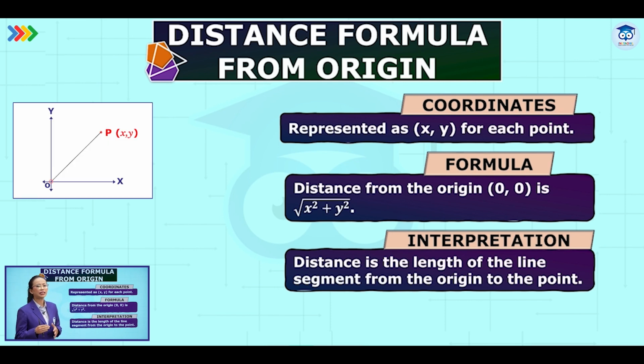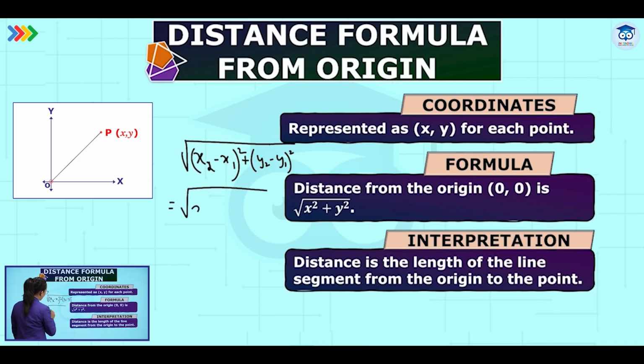Next, using this distance formula, we can find the distance from the origin. Now, when we find the distance from the origin, the first coordinate x1, y1 becomes 0. So in the formula that we have, (x2 minus x1) squared plus (y2 minus y1) the whole squared, this becomes 0, implying x2 squared plus y2 squared only, because this term becomes 0. This is gone, right?